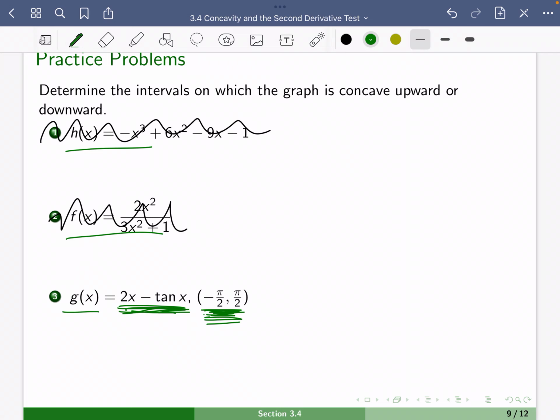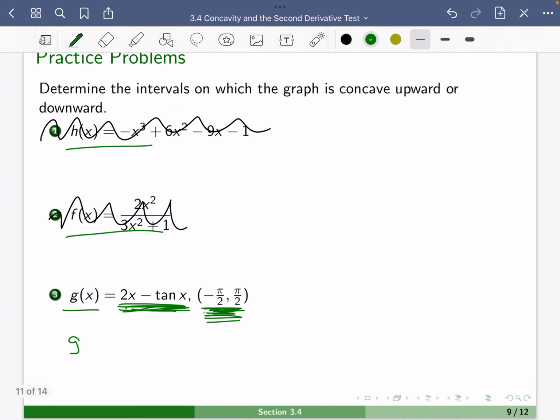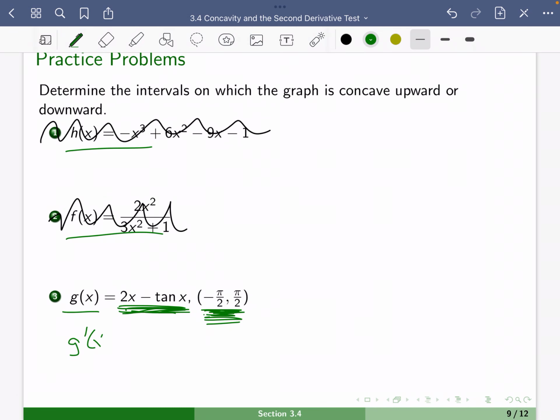So then next we want to take our first derivative and then take our second derivative. Our first derivative is 2 minus the derivative of tangent, which is secant squared x.